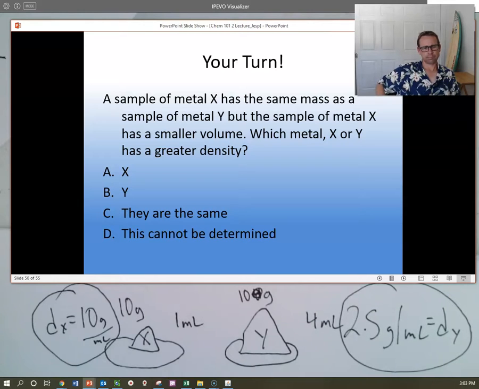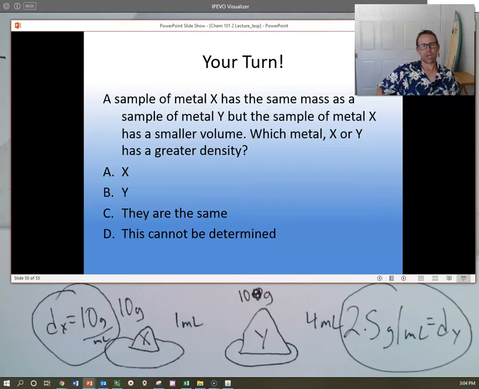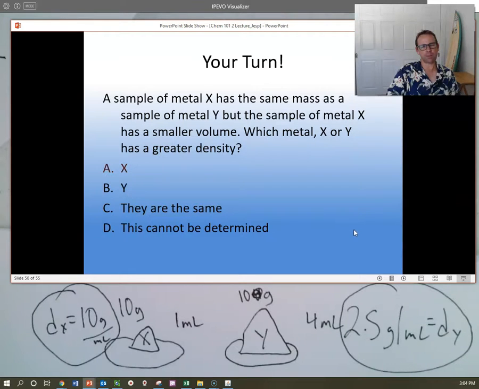It's not based on the size of its volume. It's the ratio between its mass and its volume, right? Right. Okay. Very good. We have a couple more for you to try.